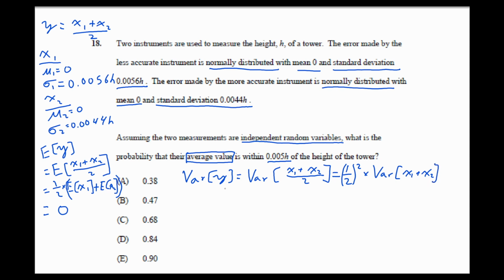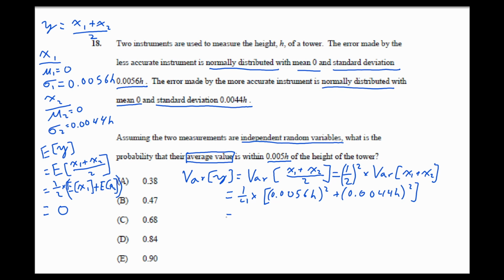The next part of this formula is going to be 1 over 4 times the squares of the standard deviations of 1 and 2. So we're going to do this of 0.0056h squared plus 0.0044h squared.